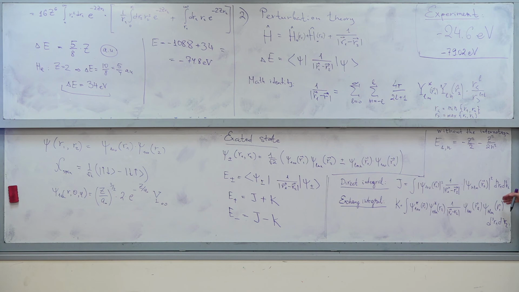This is an important part which has no classical analogy whatsoever. This one has the classical analogy. That's exactly the same interaction that we calculated before for the ground state.